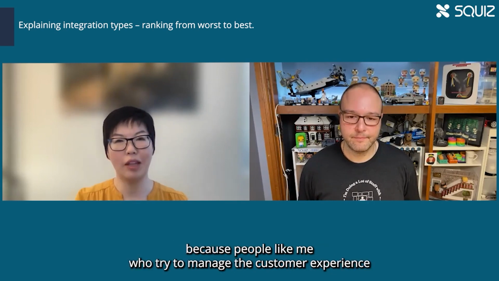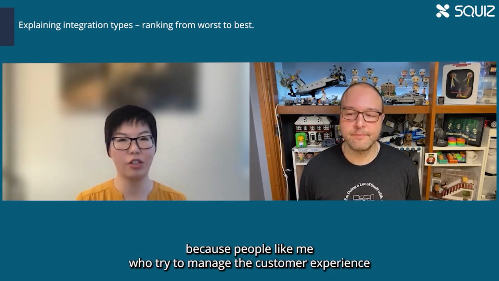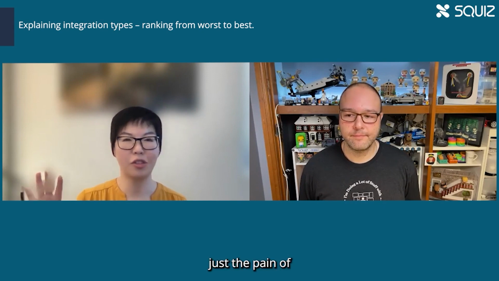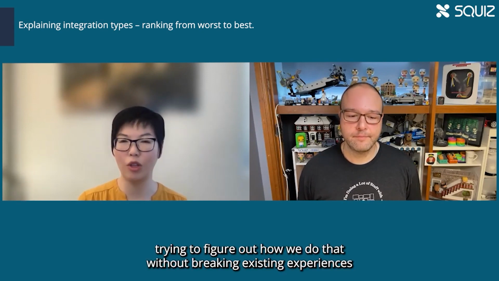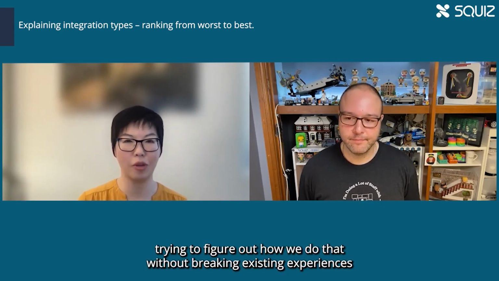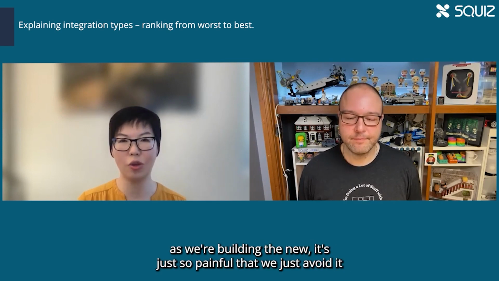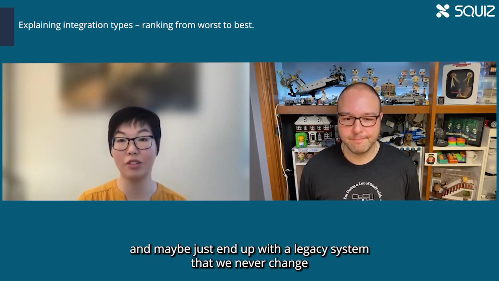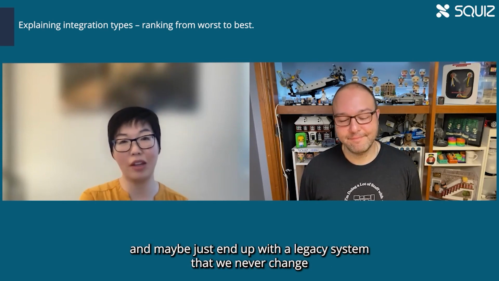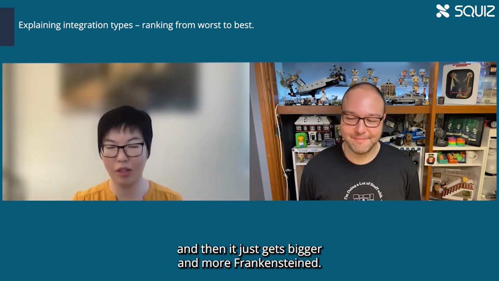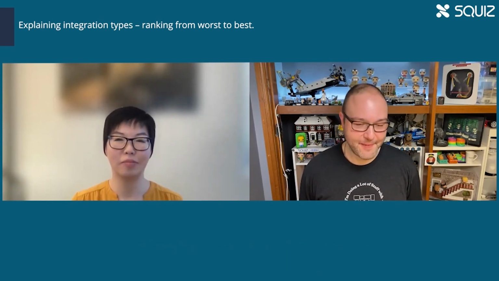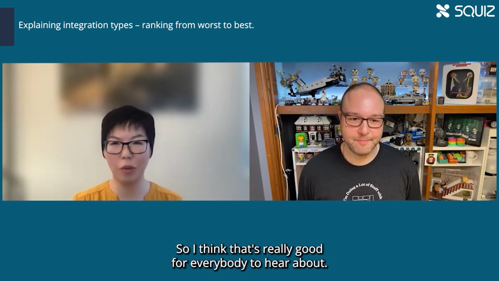Because people like me who try to manage the customer experience, the pain of trying to figure out how we do that without breaking existing experiences as we're building the new is so painful that we just avoid it and maybe just end up with a legacy system that we never change. And then it just gets bigger and more Frankenstein. So I think that's really good for everybody to hear about.